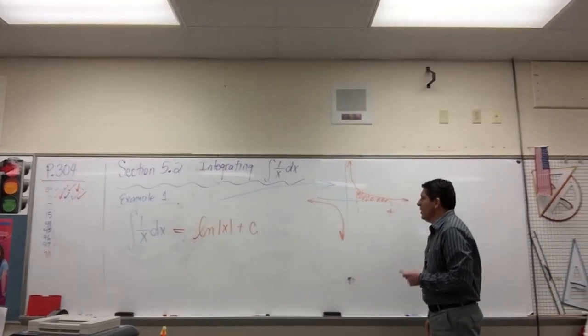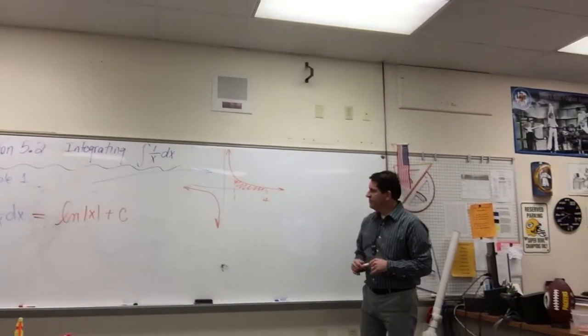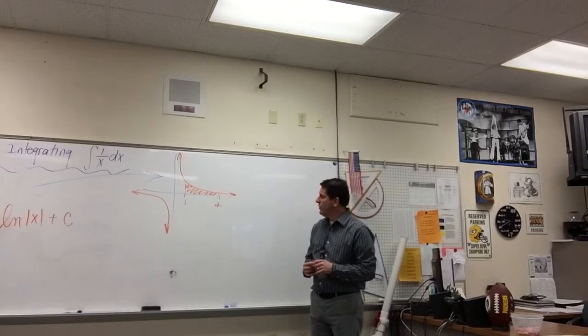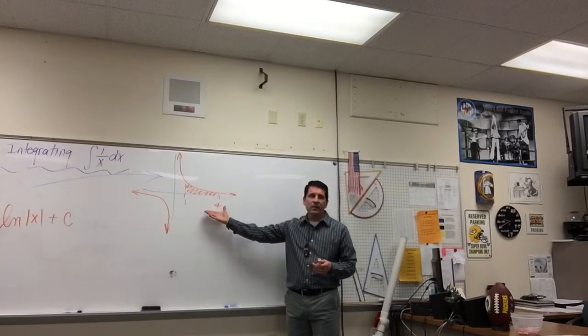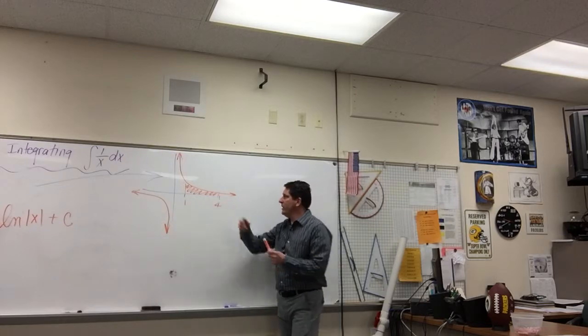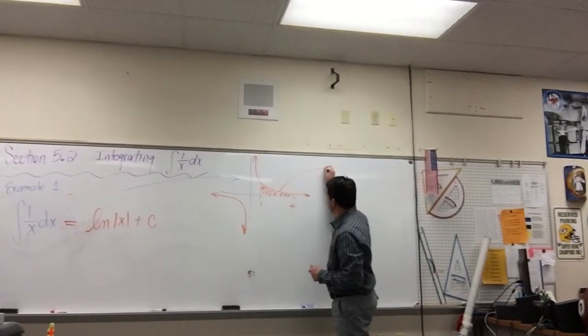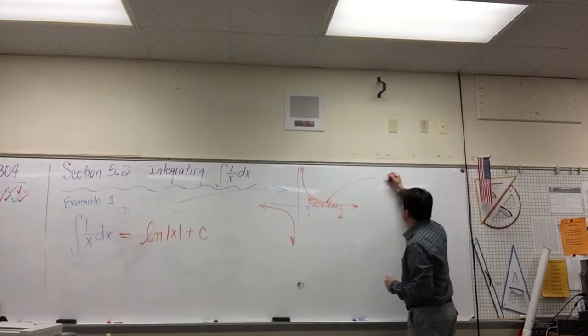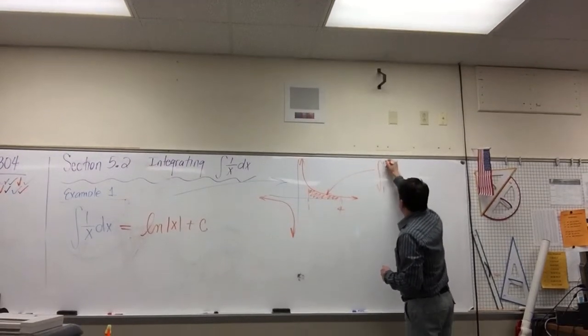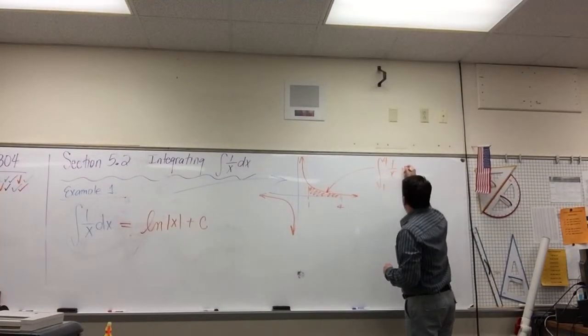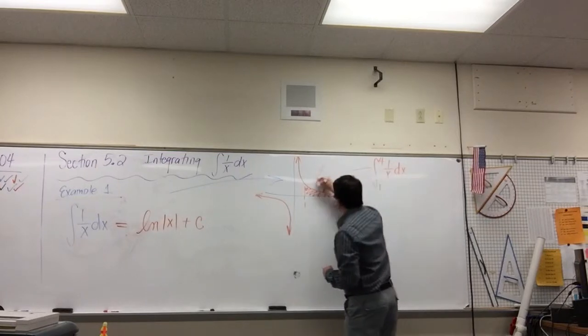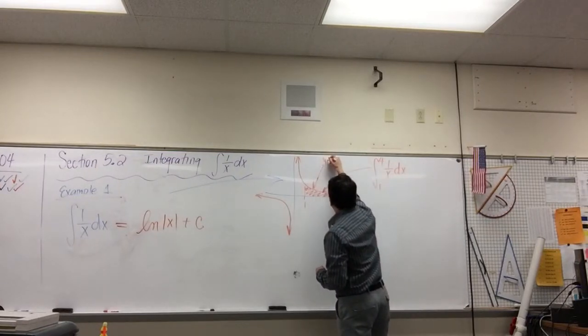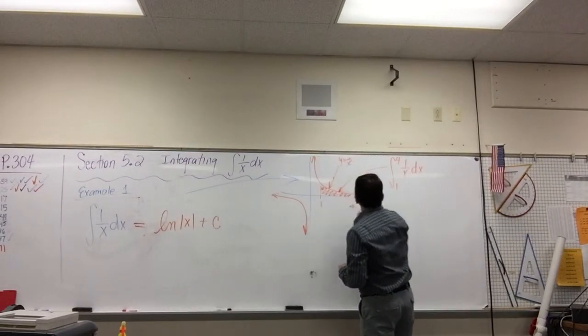Okay. Well, wait a second. I need to kind of validate this. So let's actually just find out what this area is. What integral is it that represents this? The integral from 1 to 4 of 1 over x dx, because this function right here is y equals 1 over x.